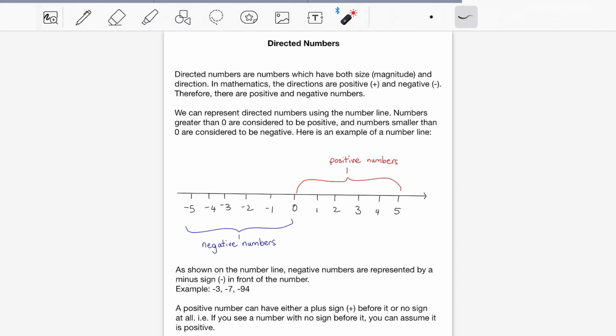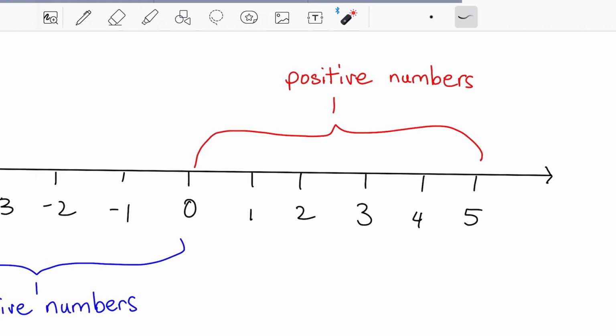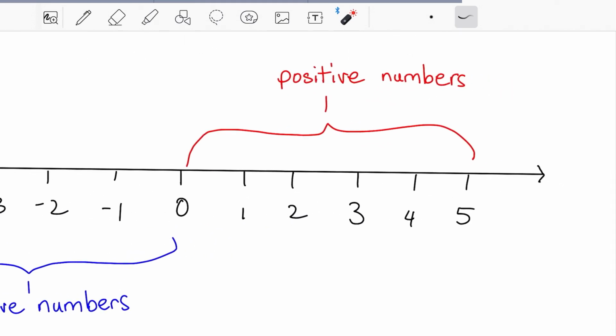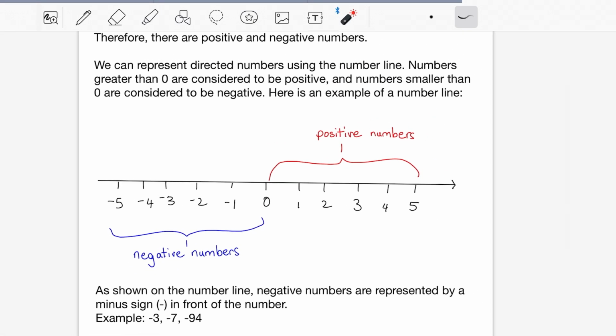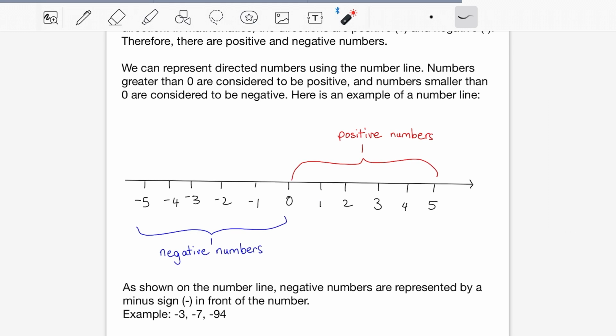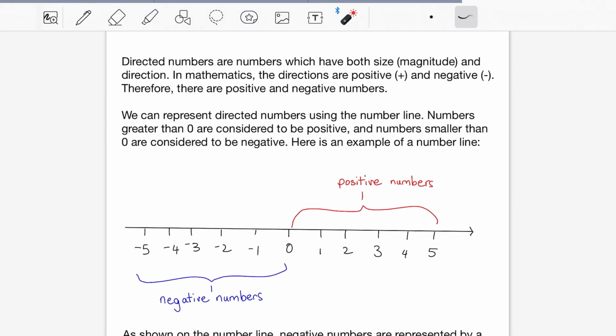Previously, you would have worked with only the positive side of the number line, right, which is numbers greater than 0 and 0 as well. Now we have to consider positive and negative numbers.